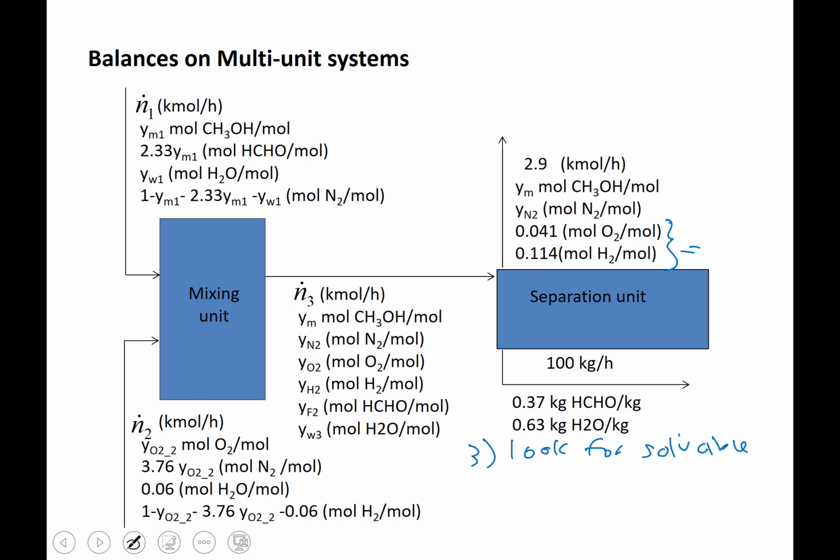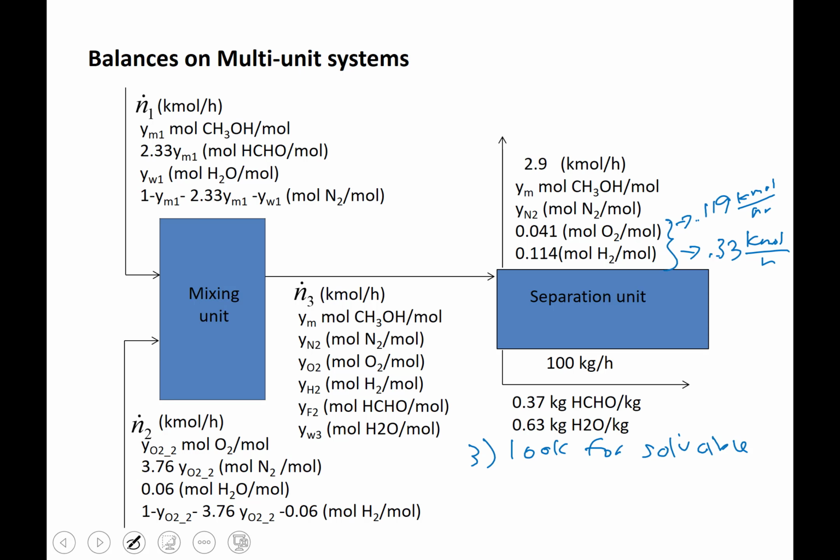We're going to have 0.33 kilomoles per hour of hydrogen, and 0.119 kilomoles per hour of oxygen.